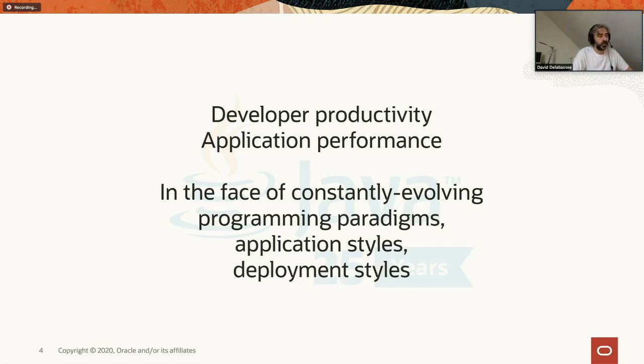Deployment styles. In the early days, we were deploying in our own data center on large servers. These days, we tend to deploy using containers in the cloud. So that's another big shift when it comes to the way we deploy our applications. And again, Java has to cope with that. And last but not least, obviously, the hardware is evolving.